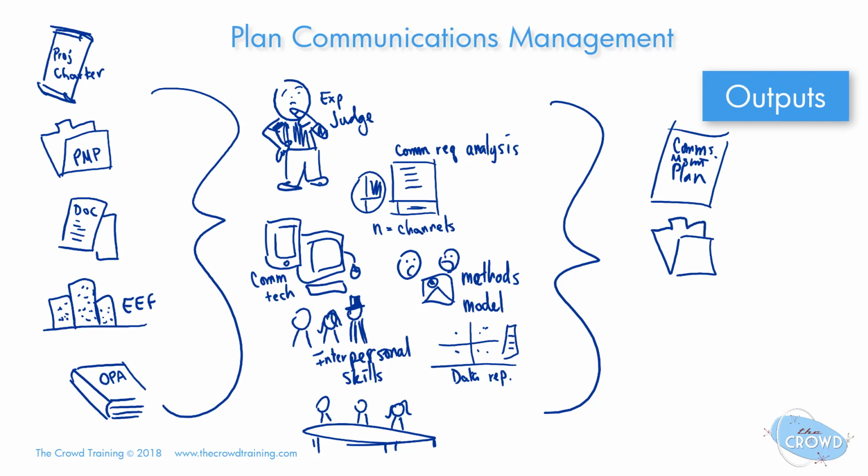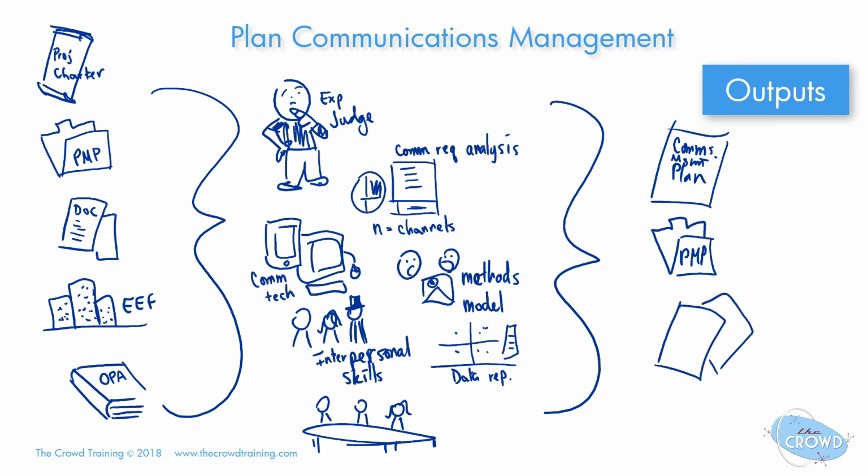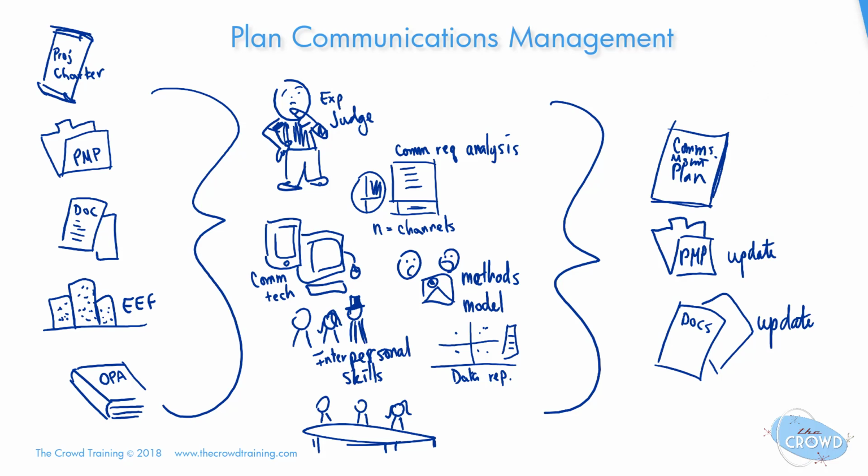And that will lead to updates to the project management plan, as well as a trickling effect onto other plans inside that project management plan, and potentially to all the various documents that we are utilizing as part of our project. And that would also be updated. So an update here and an update here, and then the main piece, which is your communications management plan.